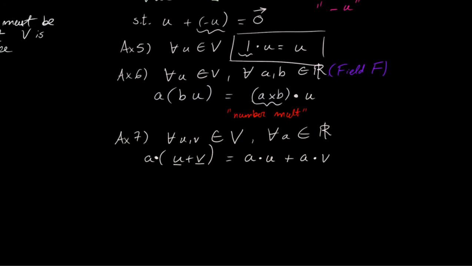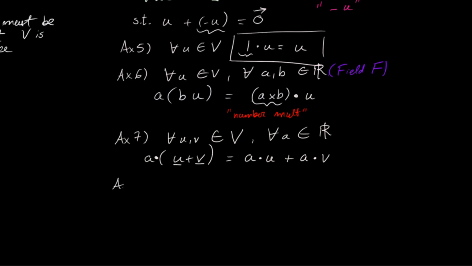Now, when I say it comes back to the same thing, these are conditions that you have to check to see if it's a vector space. And the definition of a vector space is a set such that the elements in that set check all of these conditions.